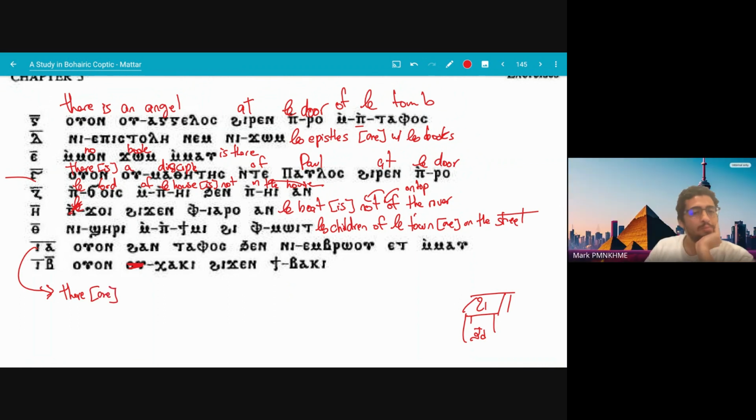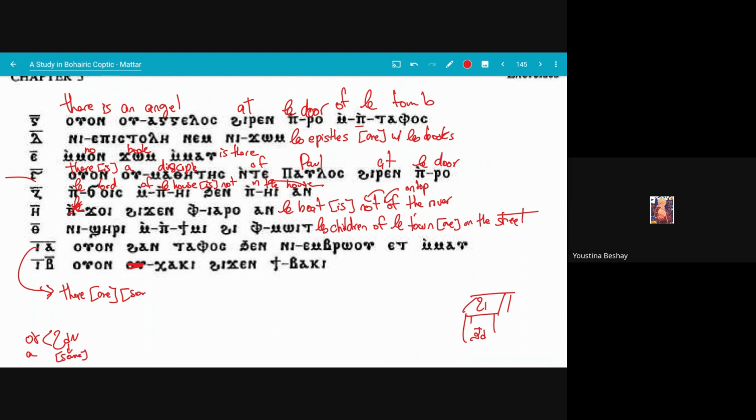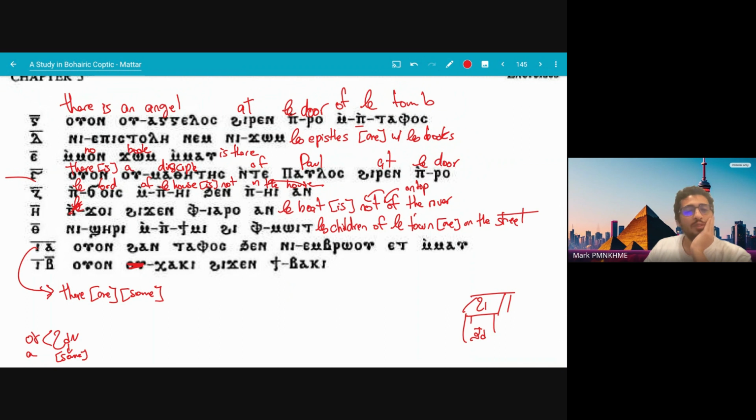What's Han? Han is the indefinite article, and it's just the plural of U. So you have U, and then you have Han. It just means a, and this one is not translated in English, but sometimes we say some, just to make it clear. So there are some. What's tafos? It's tombs.